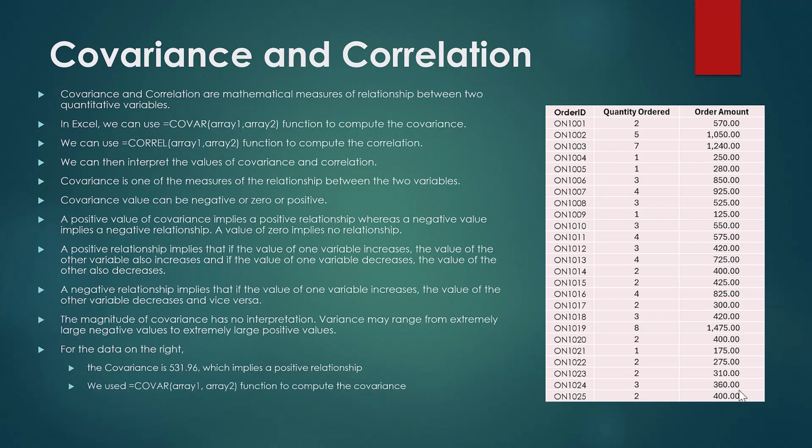And we use the covar function to compute this value. So all we can say looking at this value is that the relationship is positive. Why? Because the sign is positive. We cannot make any statement about the strength of the relationship. By looking at this value, we cannot say that the relationship is very strong or weak or whatever. So for that, we have correlation, which we will study on the next slide.